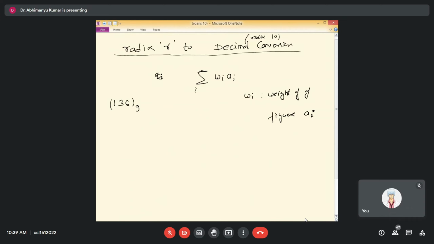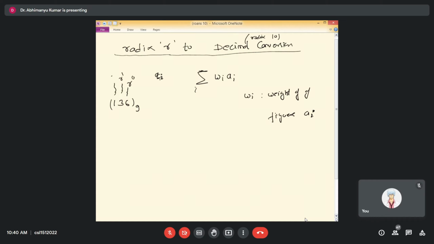For example, what is the range of this weight? We start with this as 0, the weight value of this is r to the power, and what is the value of r? The base, right? r to the power 0. This is r to the power 1.